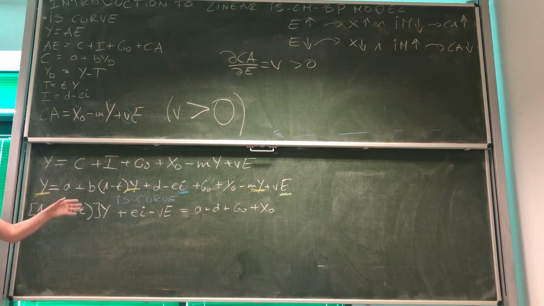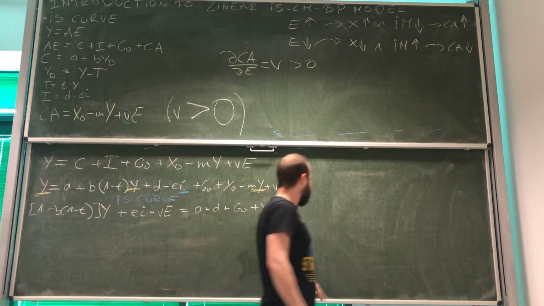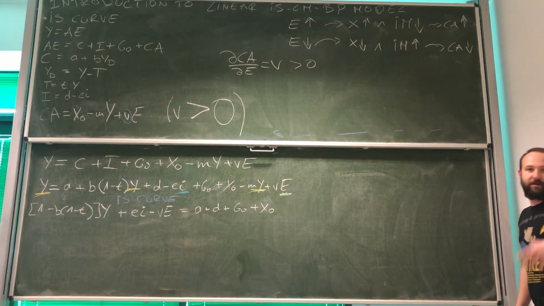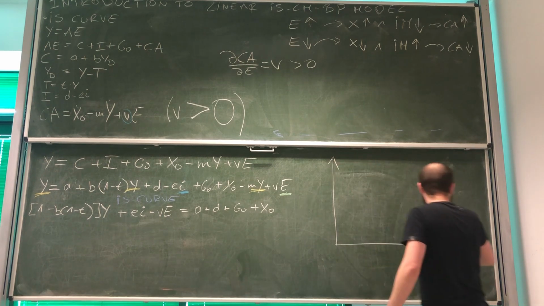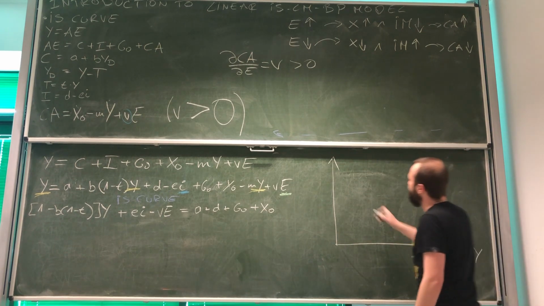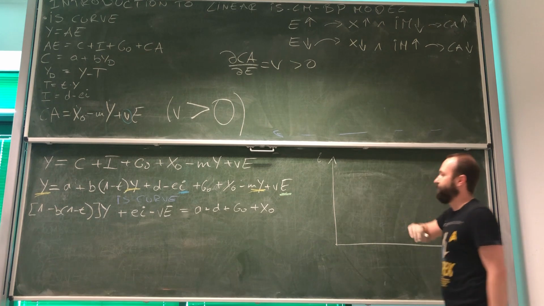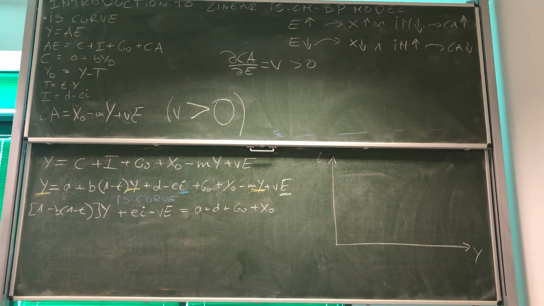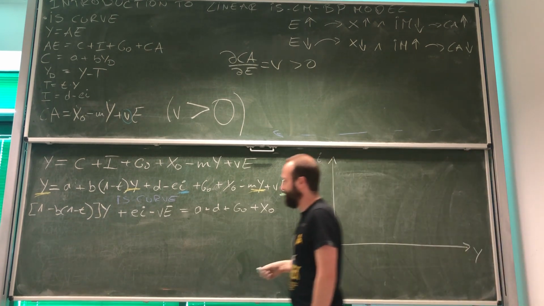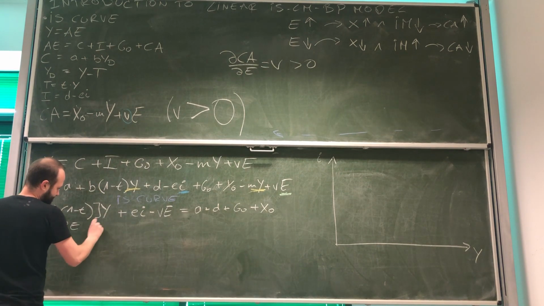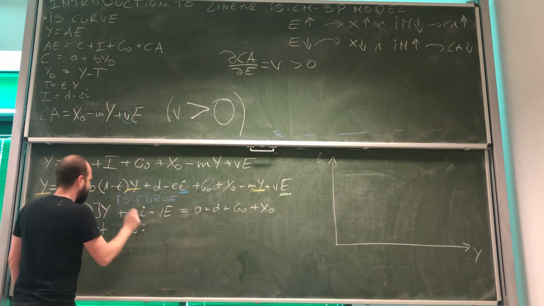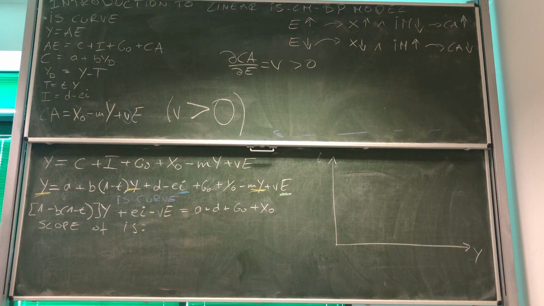Now, next thing we need to do is, of course, to draw it. And look, we're going to draw it just as before we did with the regular ISLM model. We're going to draw it in a space, income, interest rate. Right? So in order to find the slope of IS, I need to calculate the differential.